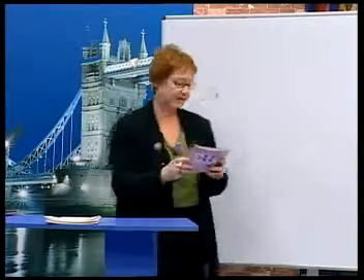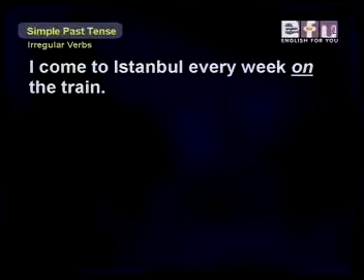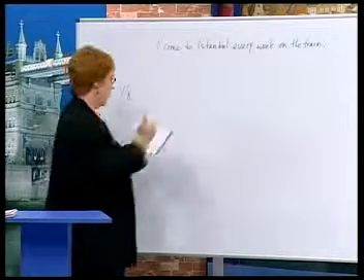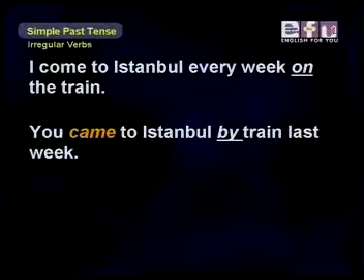Now look at these sentences. I come to Istanbul every week on the train. This is normal. You came to Istanbul by train last week.